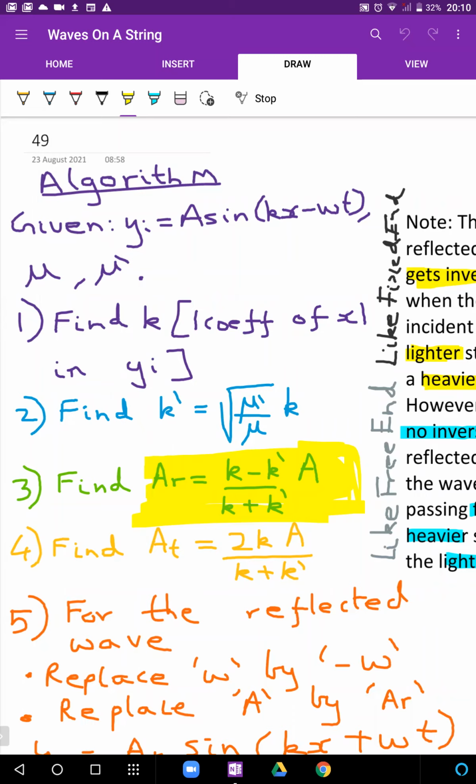So that's the point of these extra demonstrations I gave. If you remember the formula somewhat, but don't remember exactly whether it's k minus k dash or k plus k dash, check. Put k dash is 0, AR should be a. Put k dash is infinity, AR should be minus a. So with that, you can eliminate some of the wrong formulas you have a doubt about.